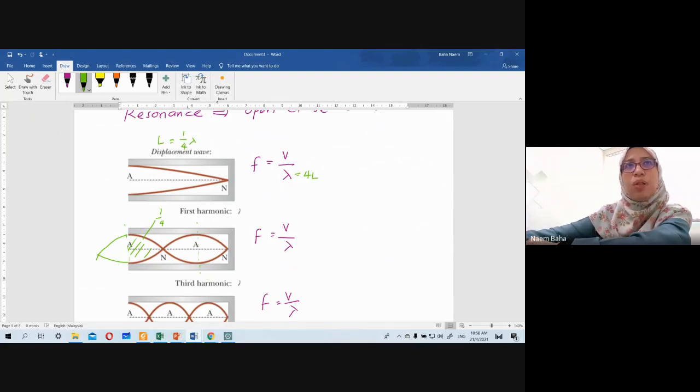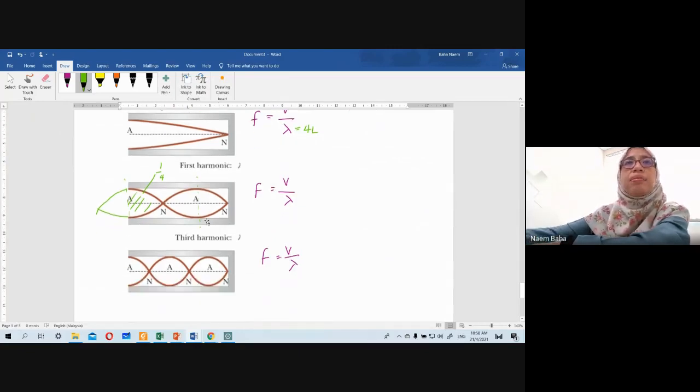So 4 times L becomes one wavelength. While here, how many quarters did you see? I see the whole length has 3 quarters, 1, 2, 3. So the whole length has 3 over 4 of a lambda.